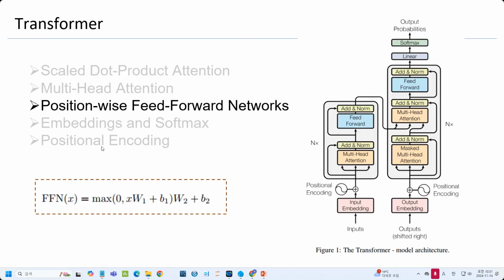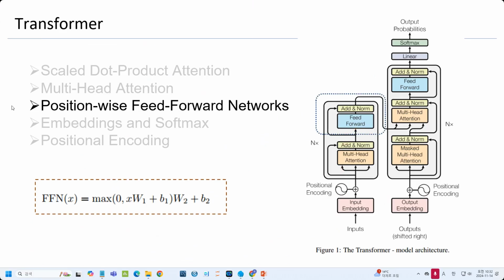The position-wise means I would like to see the position, and each of the positions will be entered into the feed forward network. We will check later what the positional encoding is.